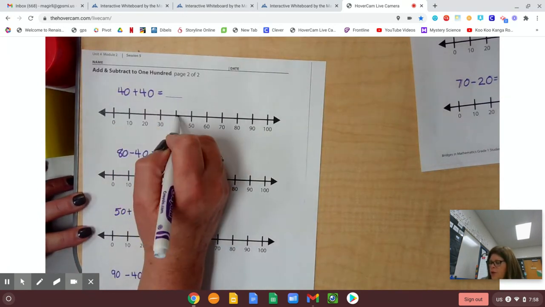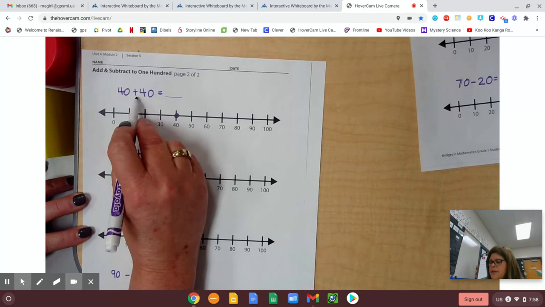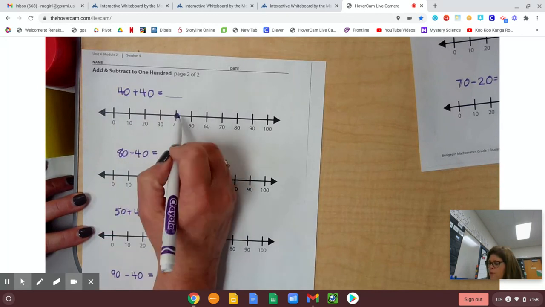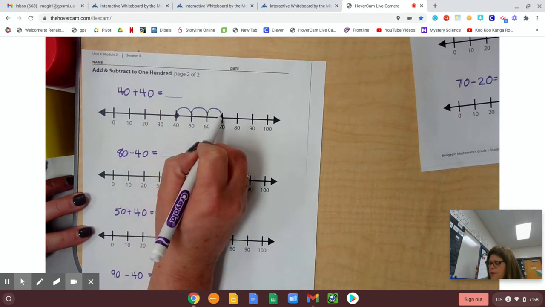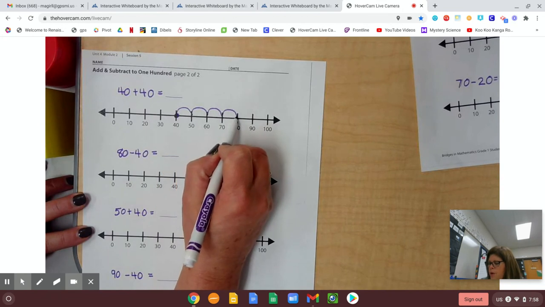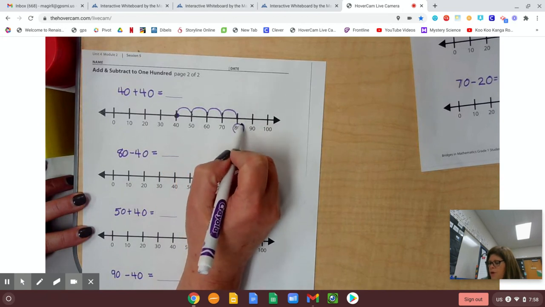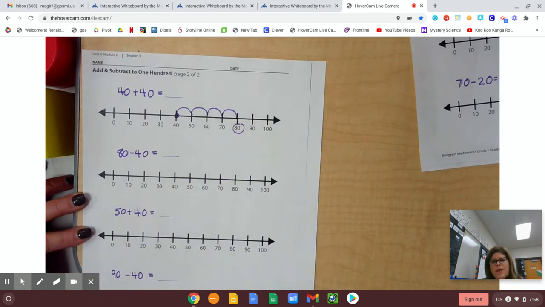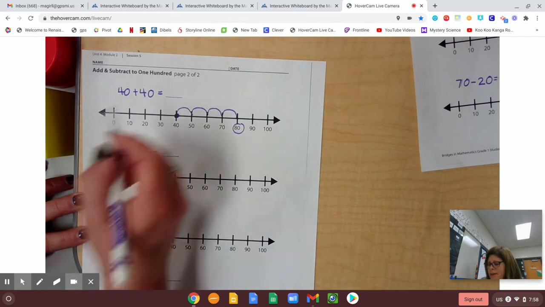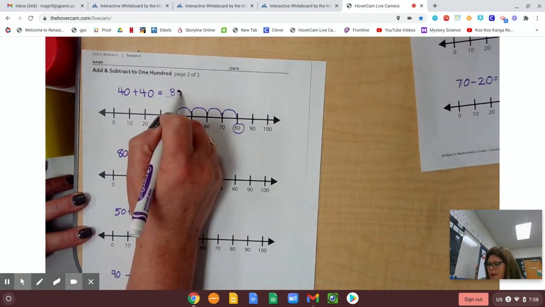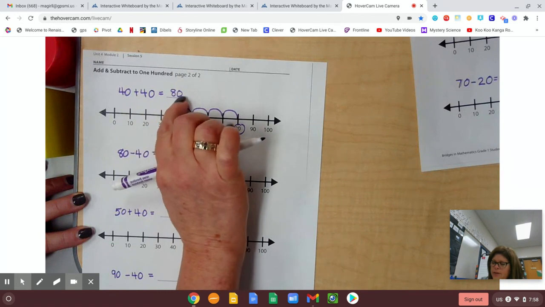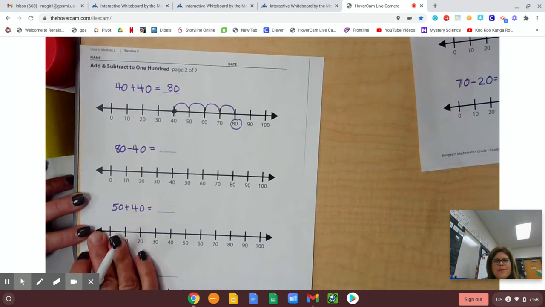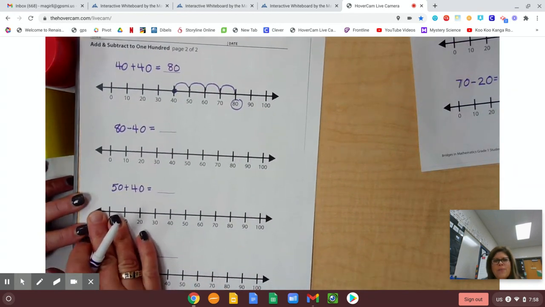The first number is 40 plus 40. I've got to go up 40. 10, 20, 30, 40. 40 plus 40 equals 80. Hey, if you knew 4 plus 4 is 8, look at, there's the 8 with a 0 behind. That's another way of looking at it.